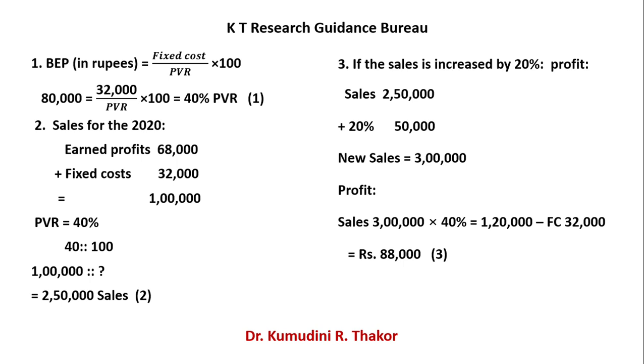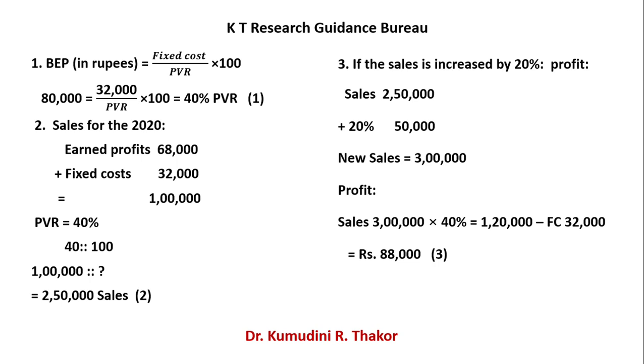So rupees 88,000. This is the answer for your third question. So if sales increased by 20%, then your profit will be 88,000.